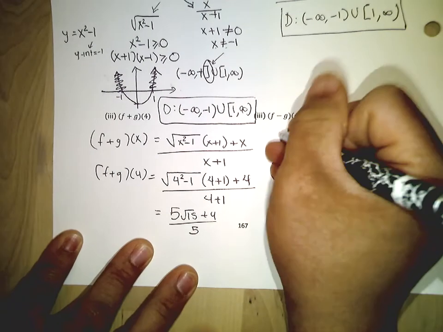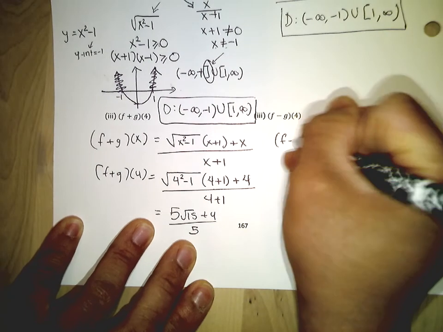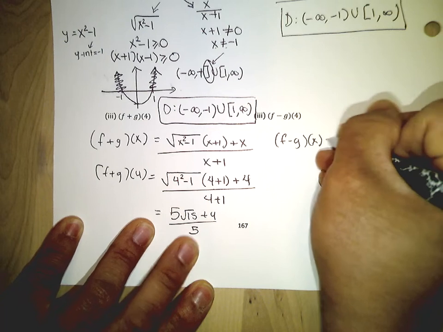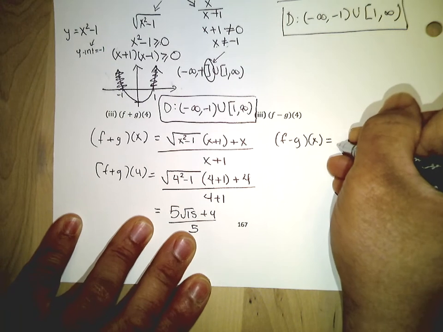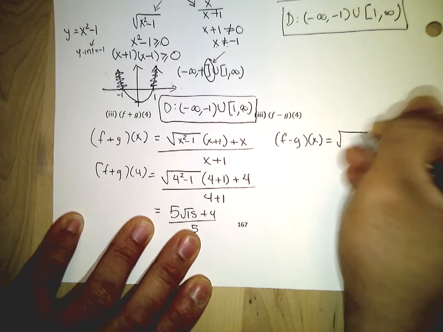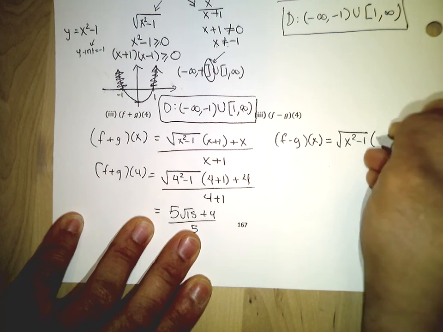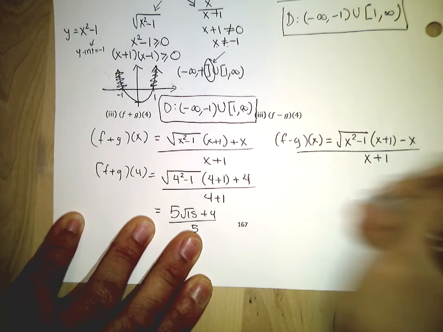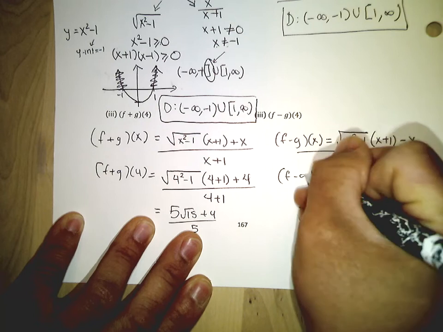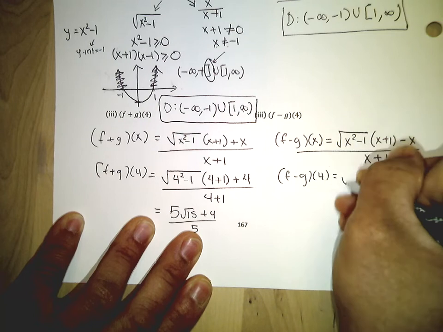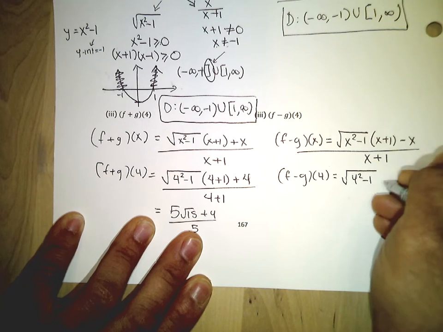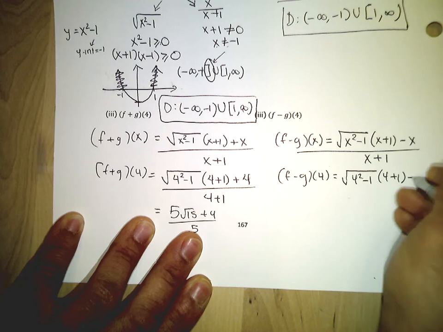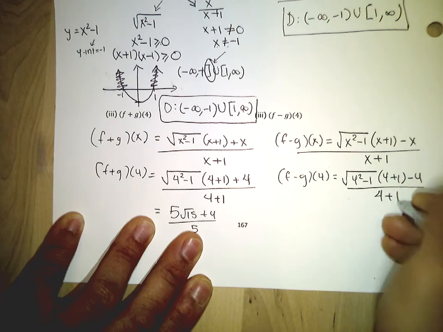Same thing for f minus g of x. We'll write that function down first. So we have square root of x squared minus 1 times x plus 1 minus x all over x plus 1. So f minus g of 4 will be square root of 4 squared minus 1 times 4 plus 1 minus 4 all over 4 plus 1.